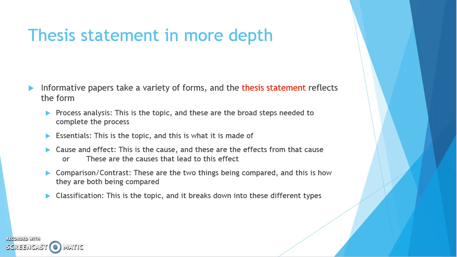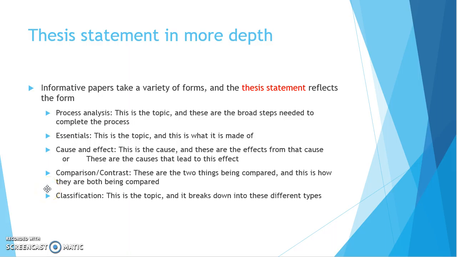So for an informative paper, which is traditionally what you're going to use a 5-paragraph essay for, your thesis statement is going to reflect the different kinds of form. There's different kinds of informative essays. There's a process analysis, an essentials essay, a cause and effect essay, a comparison contrast essay, a classification essay. All these are forms of informative papers.